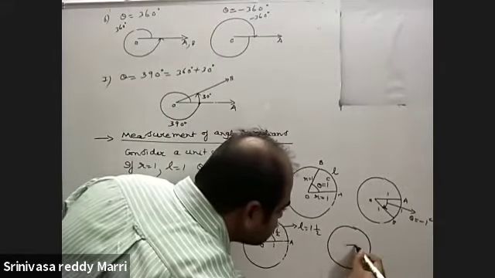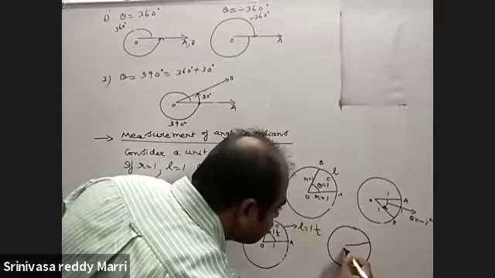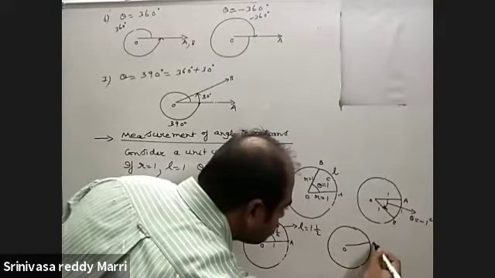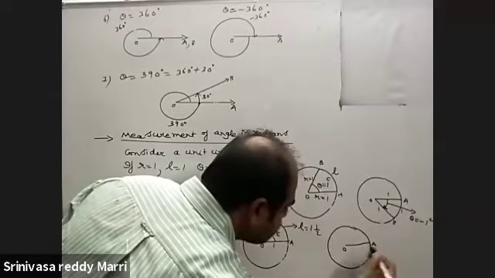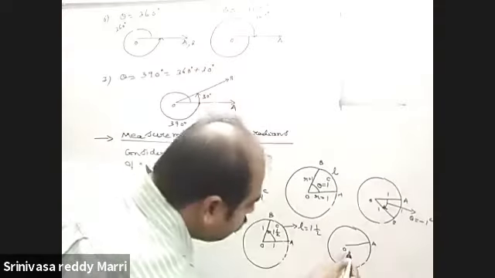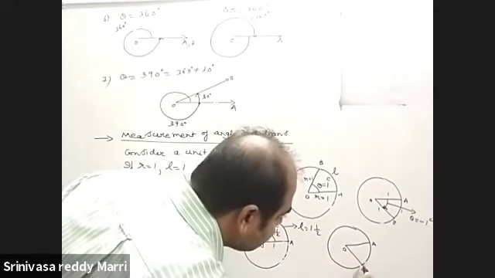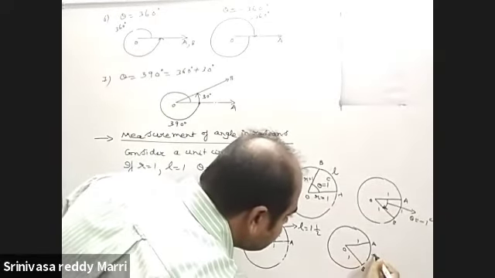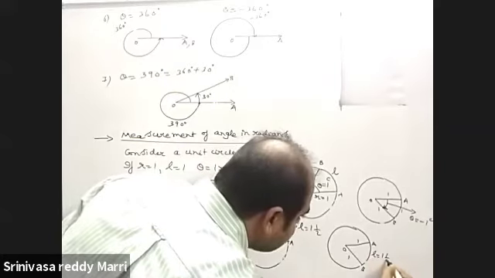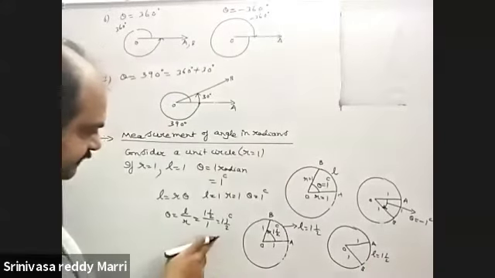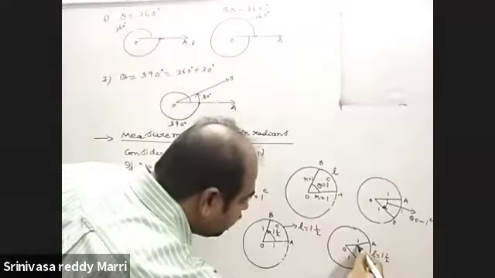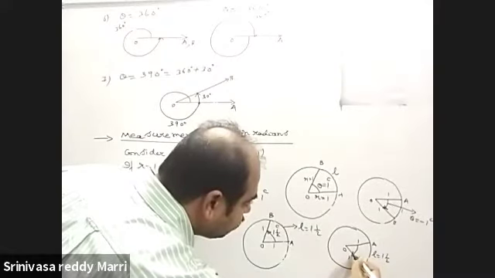Suppose it is like this. Let us say this is the initial side, and now I have drawn the terminal ray like this, B. Now this is 1, this is 1, and this L is 1.5. So theta you will get 1.5 only, but we will measure in the clockwise direction.